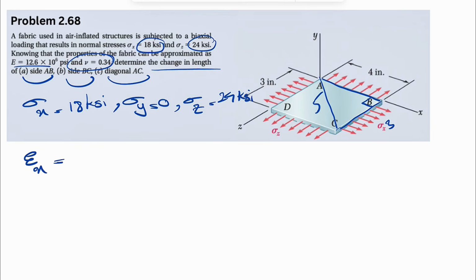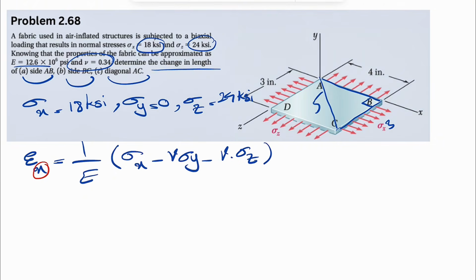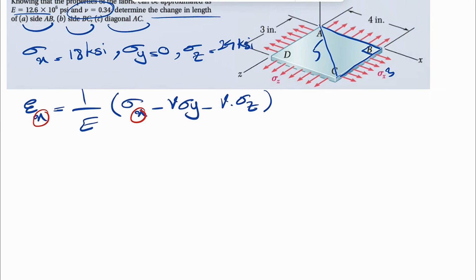We'll start with epsilon x: 1 over the elastic modulus times sigma x minus Poisson's ratio times sigma y minus Poisson's ratio times sigma z. Whatever axis you are finding, the first stress is that axis and the rest are the other two, multiplied by the Poisson's ratio.